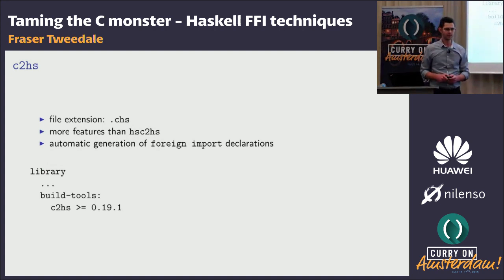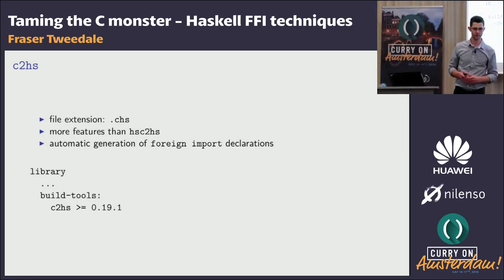Another tool is C2HS. It has many more features, but it's a separate tool, and I think its greatest feature is the automatic generation of these foreign import declarations. We will see some examples of this shortly. If you use C2HS, then you can specify in your Cabal file that C2HS is a build dependency and you require a particular version of C2HS.